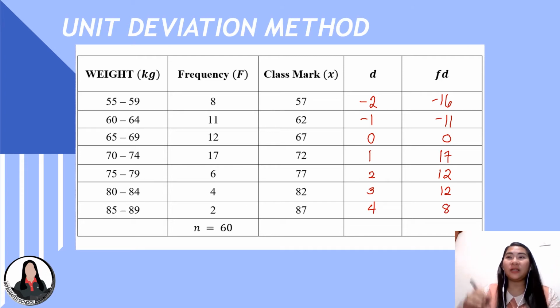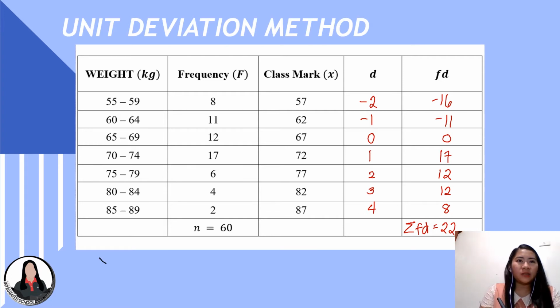After that, kapag nakuha na natin ang fd ng bawat interval, let us find the summation of the fd's. Bakit natin siya kukuhanin? Kailangan siya sa formula ng unit deviation method. So, pag pinag-add natin ito lahat, we'll get 22. So, we have obtained the required values in solving mean using the unit deviation method.